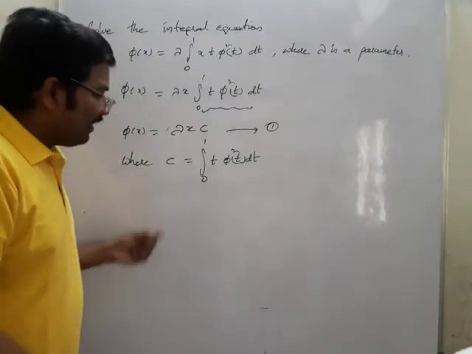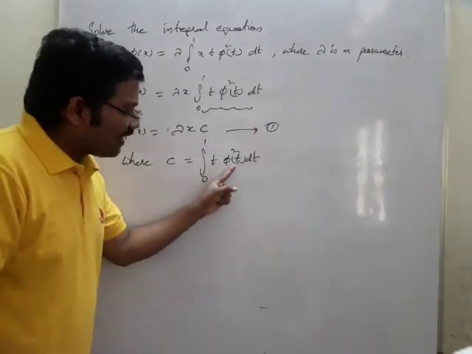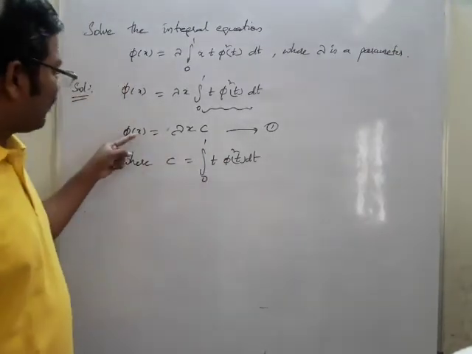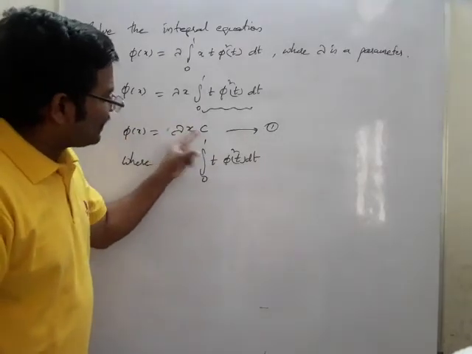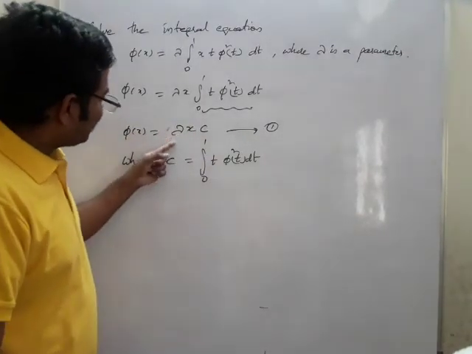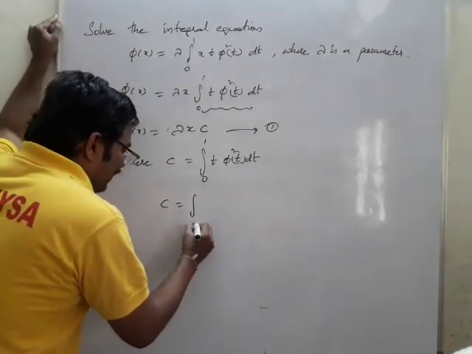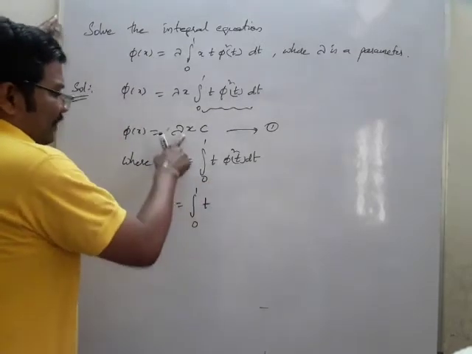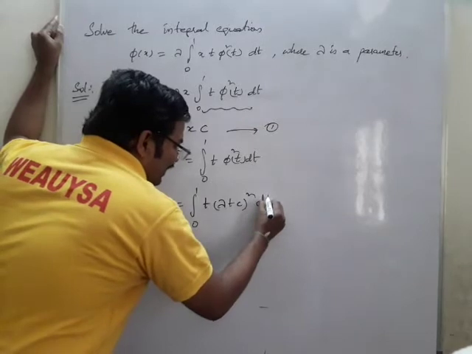Now we'll try to find the value of c by taking the phi square of t value. Where will we get phi of t? We'll get it from here: phi of t is equal to lambda t c. Now we'll substitute this value. So c is equal to integral 0 to 1 t into phi square of t, that is lambda t c whole square dt.